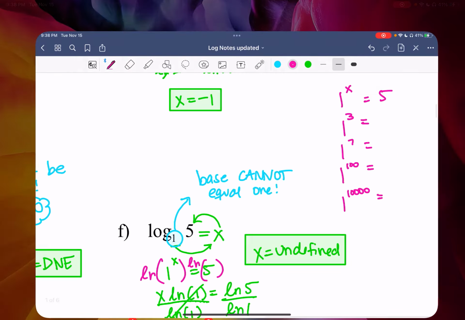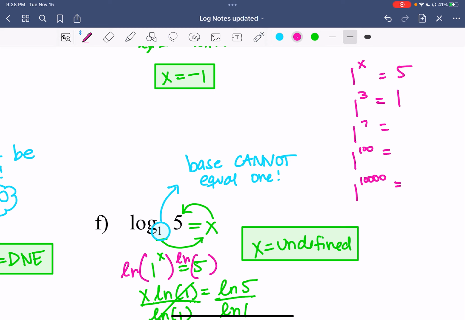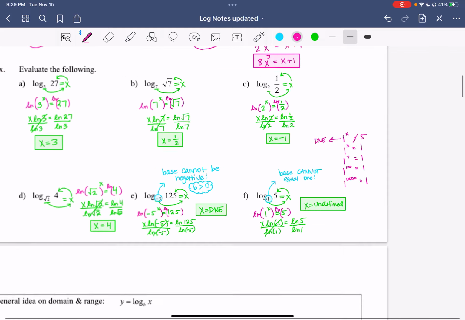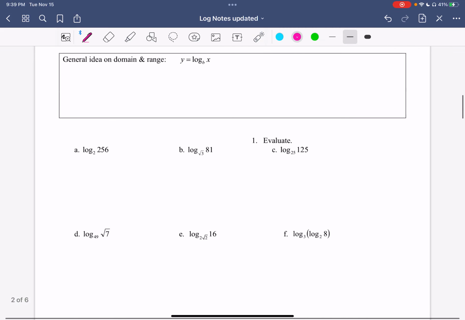So regardless of what the exponent is, you will always get 1 if your base is 1. So for that reason, it will never equal 5, which is why this one does not exist. There is no power that will ever give you 5. Okay? Let's go on to the next page.